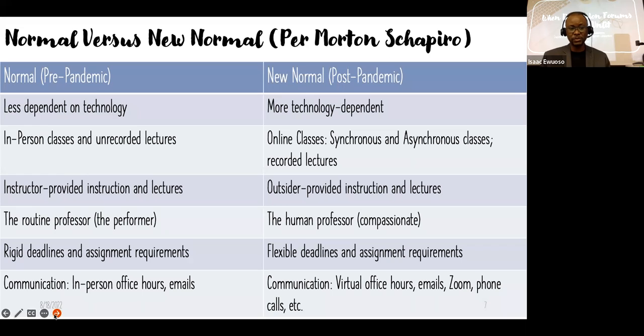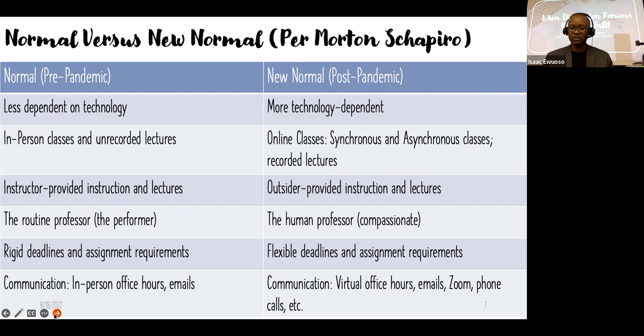According to Shapiro, we were less dependent on technology before, and now during the pandemic we are more dependent. Before, it was in-person and unrecorded lectures, and the new normal is online classes, synchronous and asynchronous, and recorded lectures.